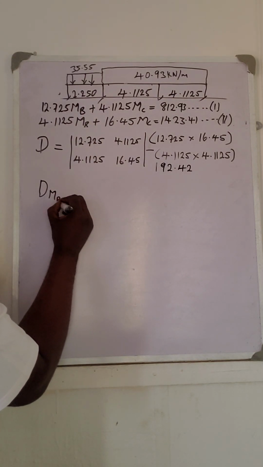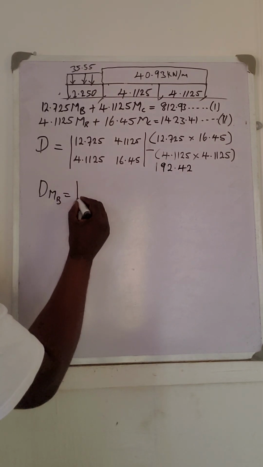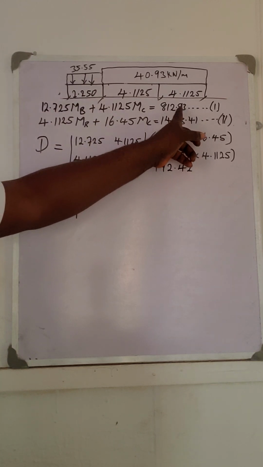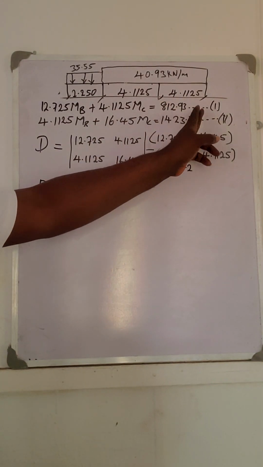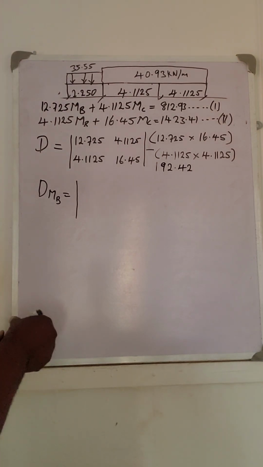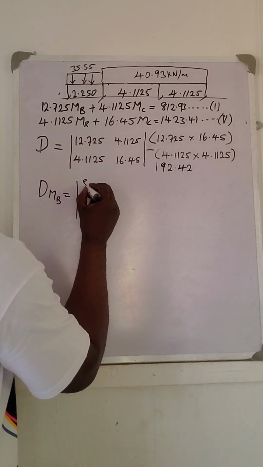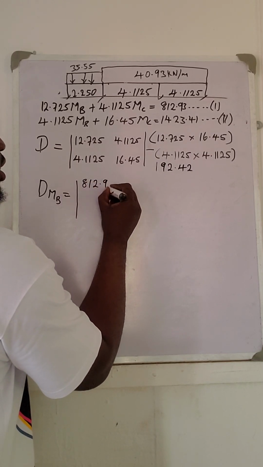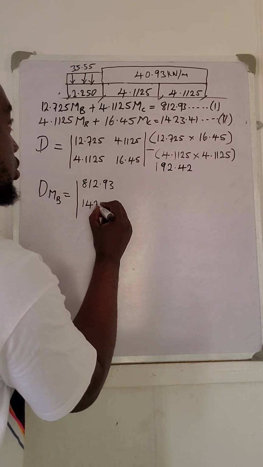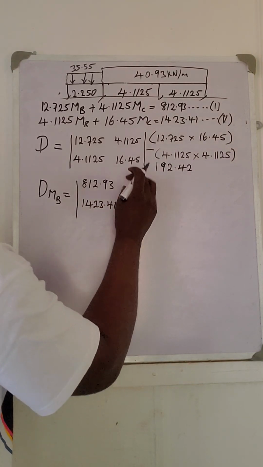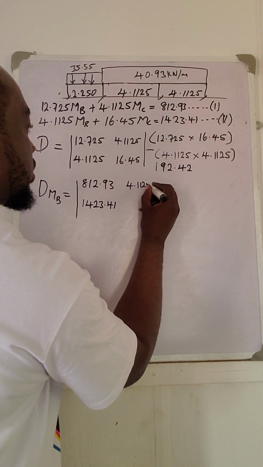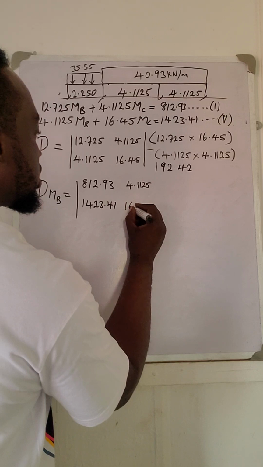dMB is equal to... In this case, you use the values at the right hand side after the equality sign to replace the coefficient of MB. So we are going to have 812.93, then 1423.41. The coefficient of MC still remains: 4.1125, then here we have 16.45.